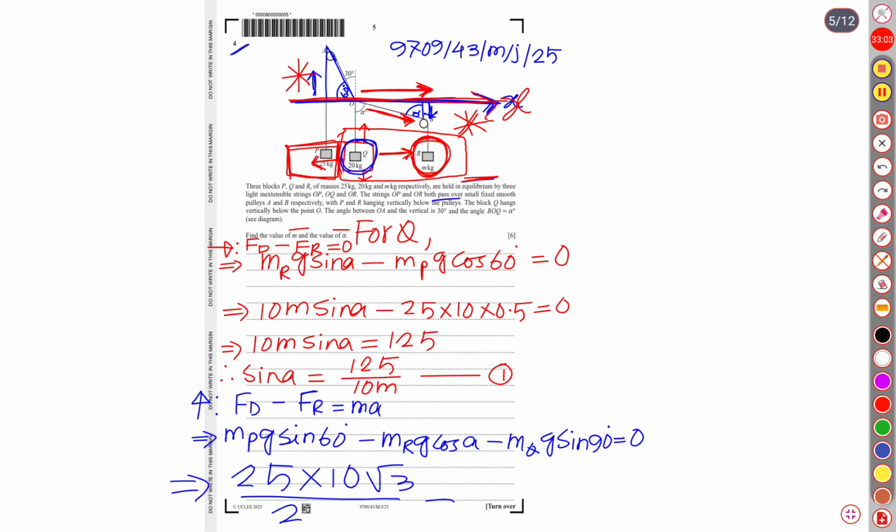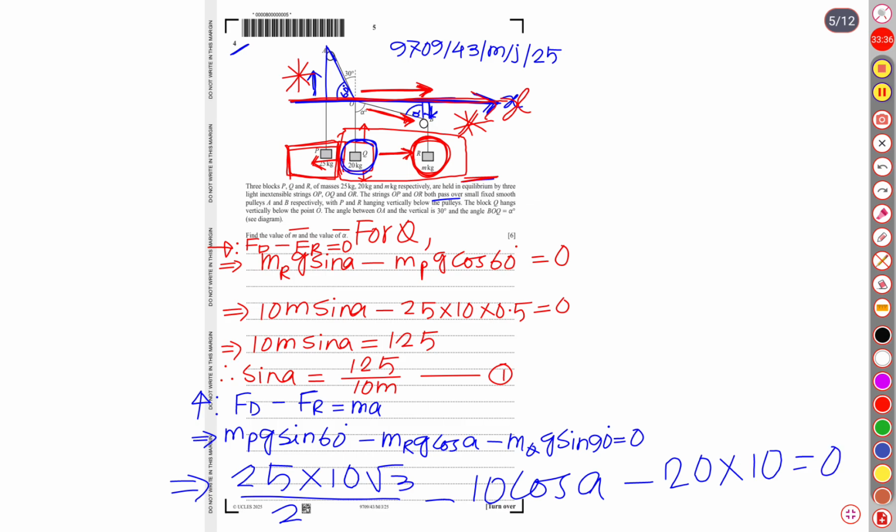Minus the mass of block R is m kg, and acceleration due to gravity is 10, so 10 cos alpha. Minus the mass of block Q, which is 20 kg, so 20 into acceleration due to gravity 10, and sine 90 is 1. So it is 0.